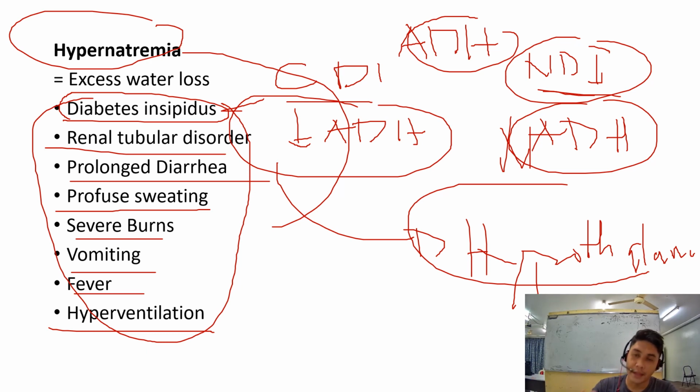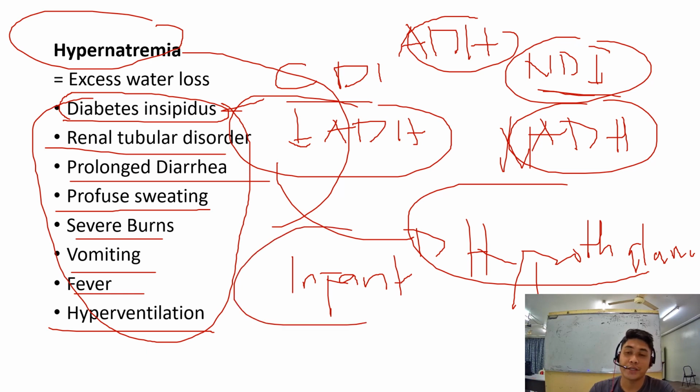Also, if there's a problem with the hypothalamus, or if the patient is an infant, because an infant cannot demand to drink water. Same with people with altered mental status.